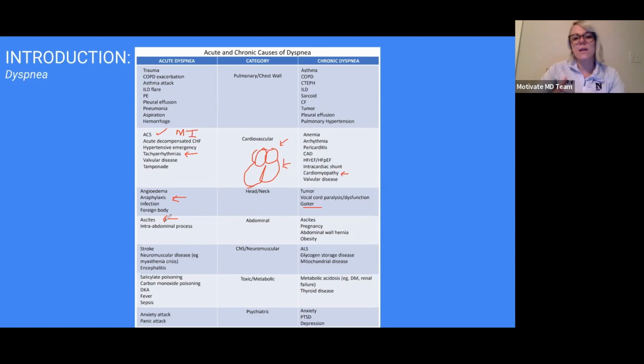We know that if you have non-alcoholic steatohepatitis, NASH for short, or you might see it also abbreviated as NAFLD, which is non-alcoholic fatty liver disease.